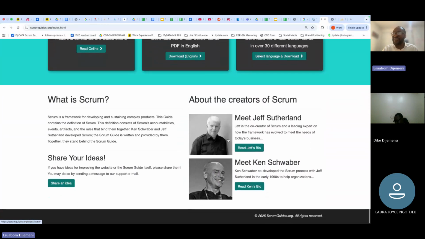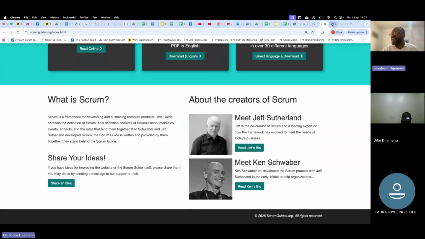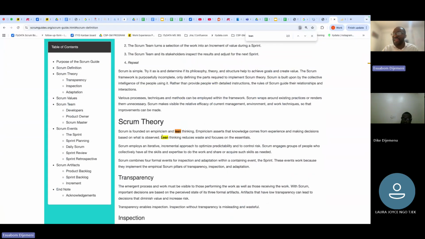These are the founders of Scrum, and pioneers. Scrum is founded on lean thinking, and it's very important because being lean is different from being agile. Yes, there's overlap, but there is a difference.